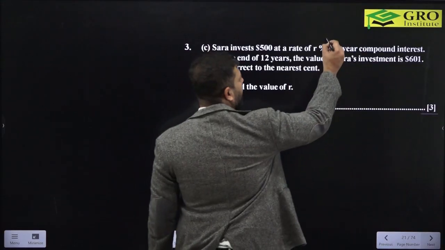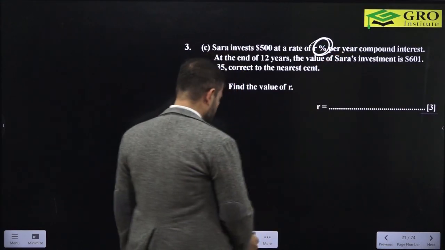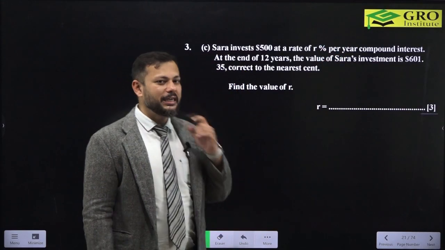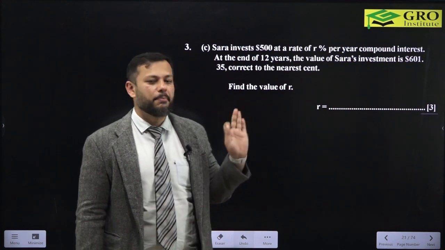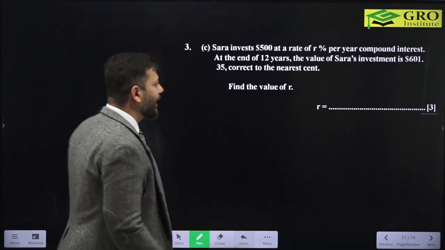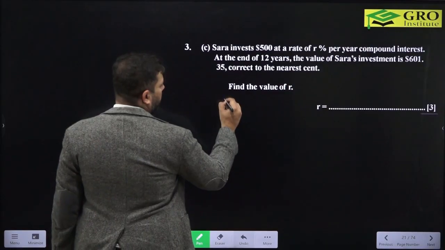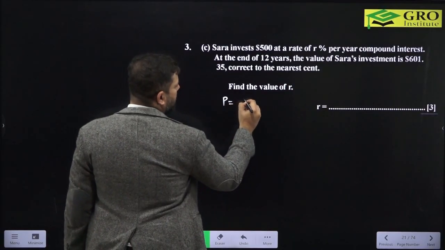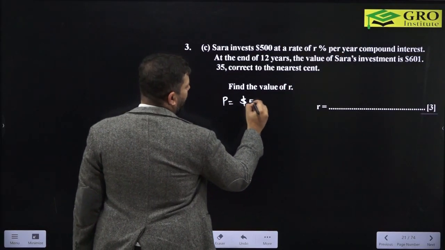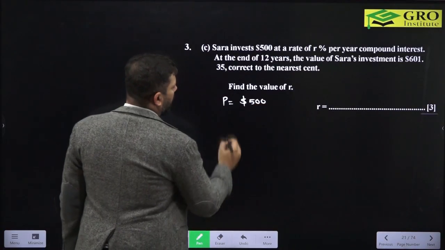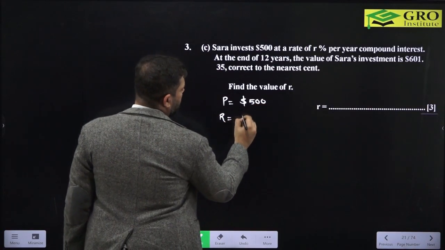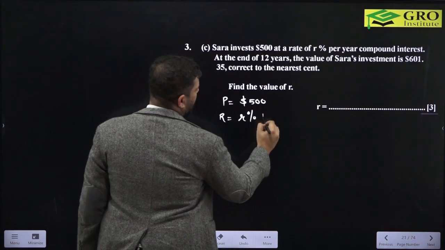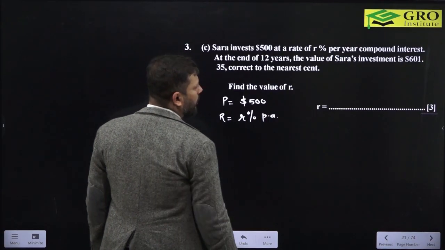Guys, we need to find the rate percentage, right? To find the rate percentage, we will use the formula of compound interest. Before that, let us write what is being given. Principal is given to us as $500. Rate of interest is given as R% per annum or per year.